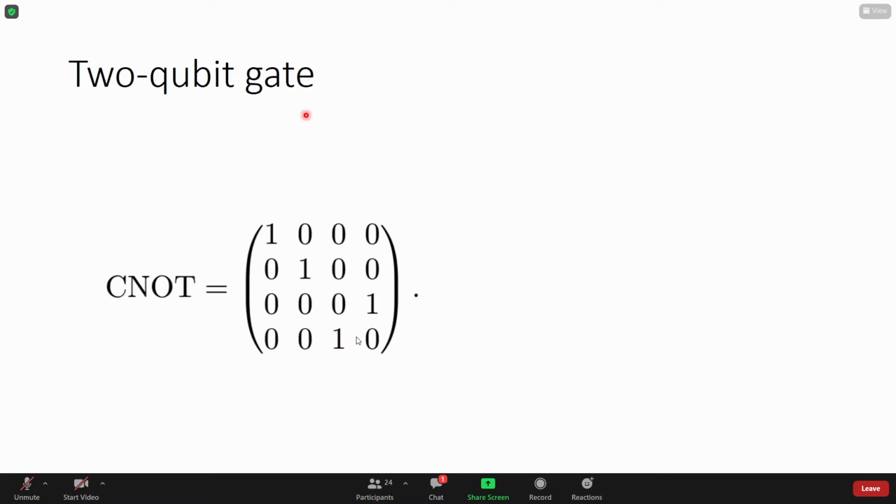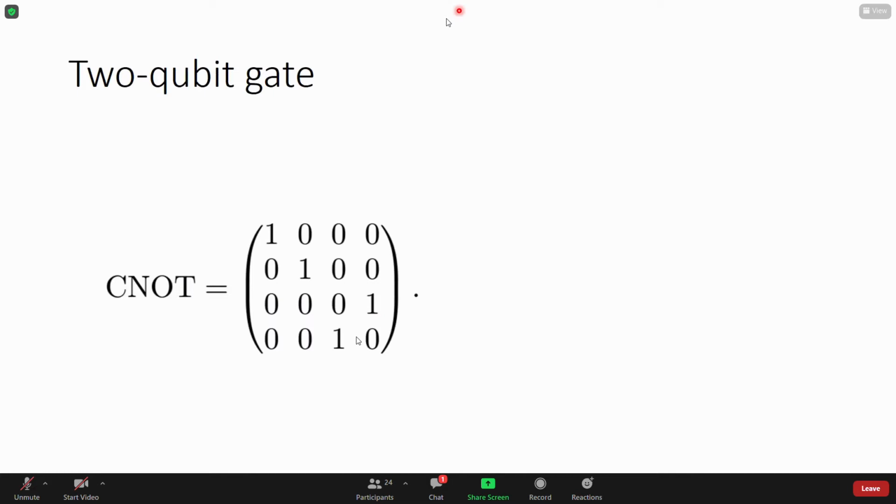Now the interesting part, of course, comes when we have more than one qubit. And again, for 2 qubits, we can describe our gates as unitary operators. And the key thing that people talk about all the time is what we call a CNOT gate. So why is it a CNOT?